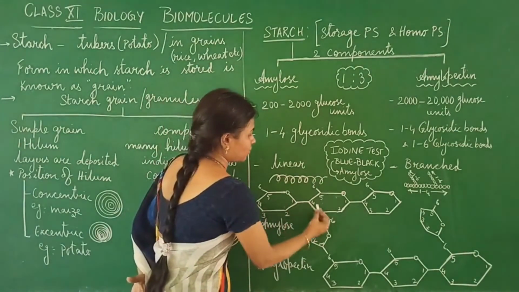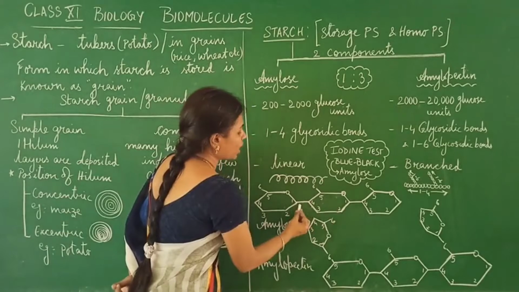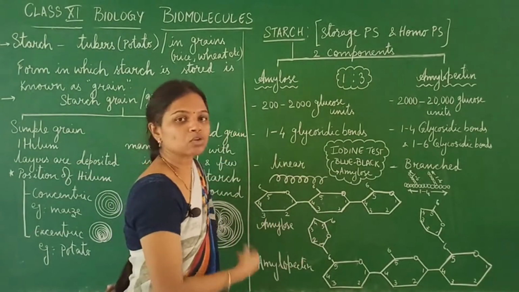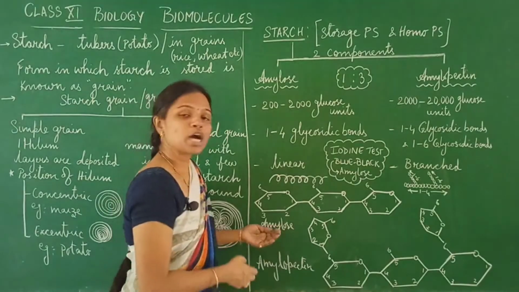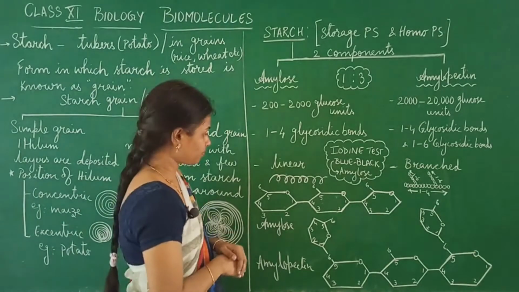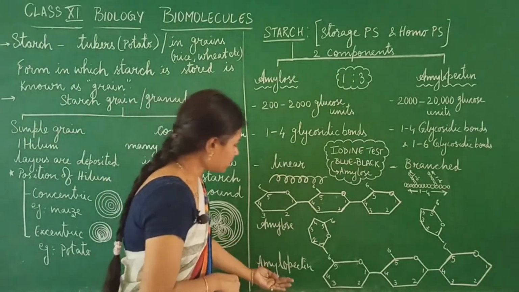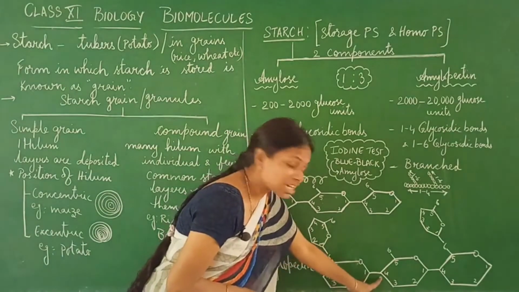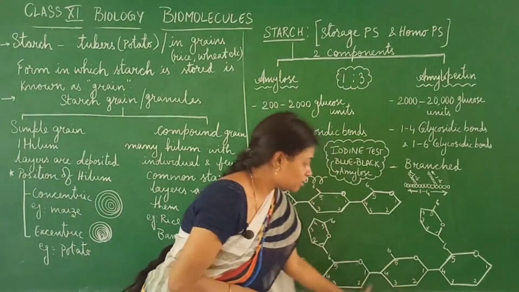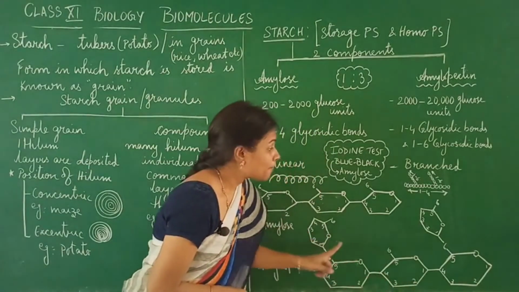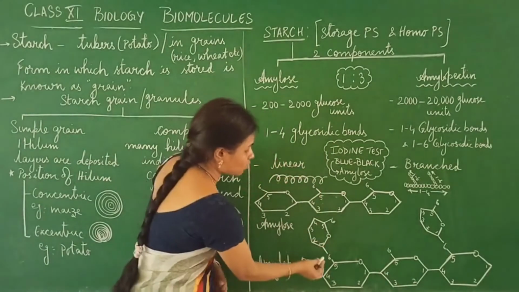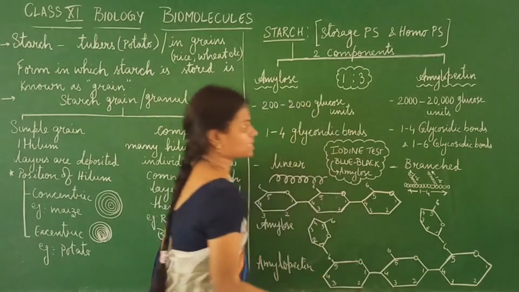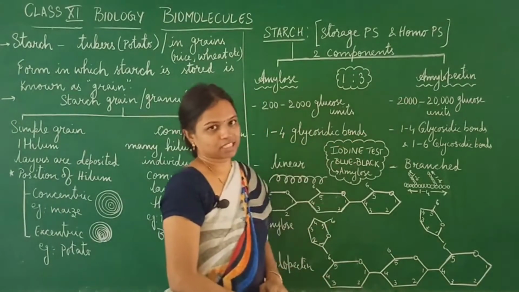So, there is a 1,4 glycosidic bond between the glucose units present in the amylose molecule. Whereas, in amylopectin, there is a 1,4 glycosidic bond between the glucose units, and there is also a 1,6 glycosidic bond.